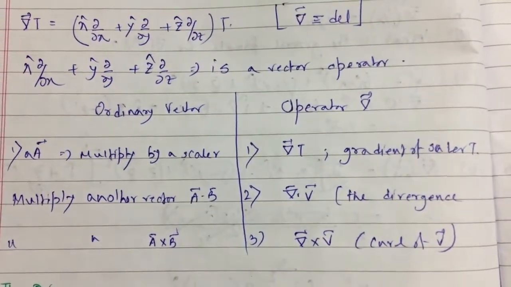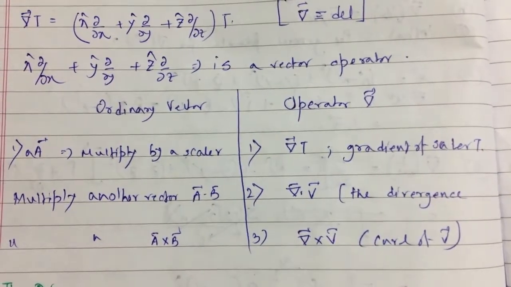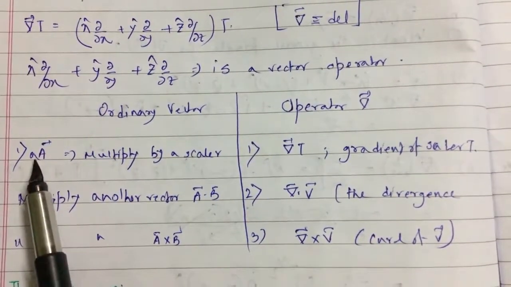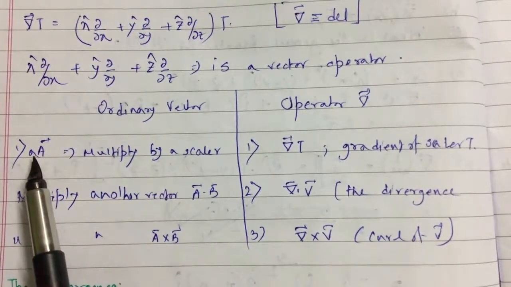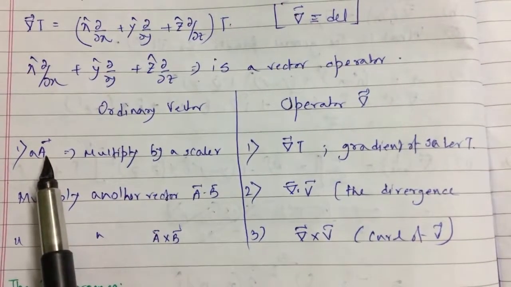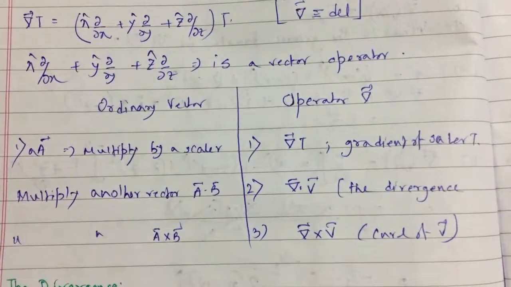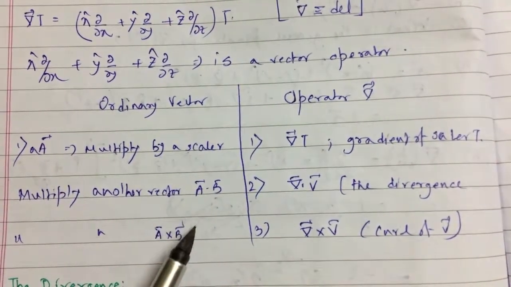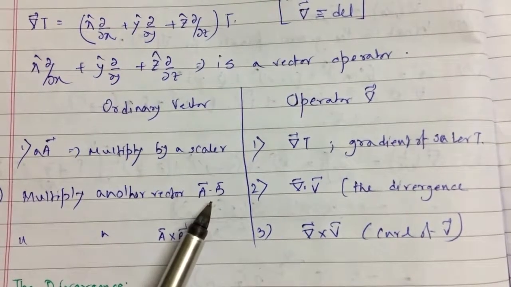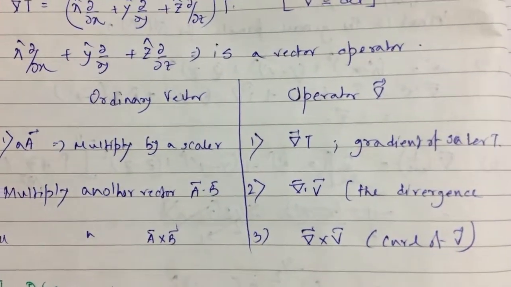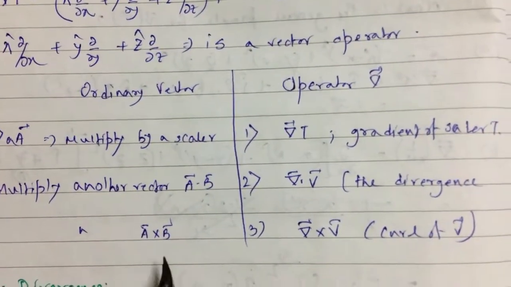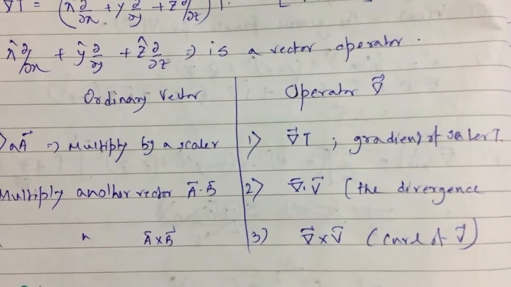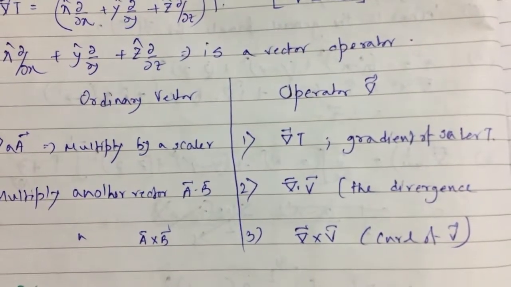Now an ordinary vector is multiplied with a scalar. When we write this small a as a scalar, and this is an ordinary vector big A, multiplying two vectors can be done in two ways. One is the scalar product or the dot product, and the other is A cross B, that is the cross product, which is a vector product.